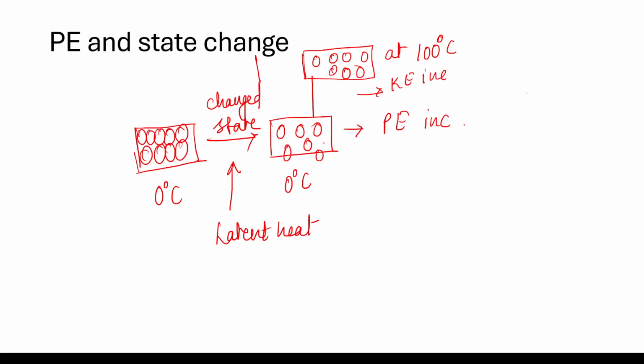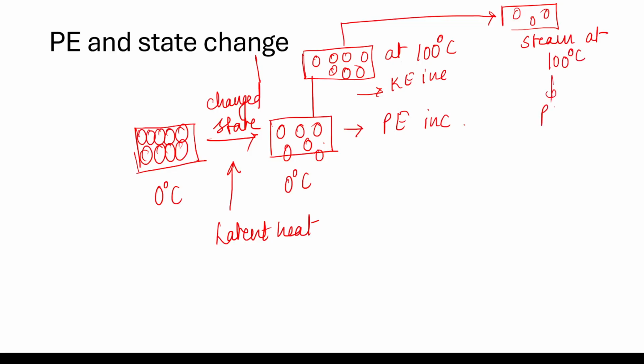Now, if you give heat to it, it will change to steam at 100. So which energy has increased? Potential energy. So when the temperature changes, kinetic energy changes. When the distance between the particles or the state changes, its potential energy changes.